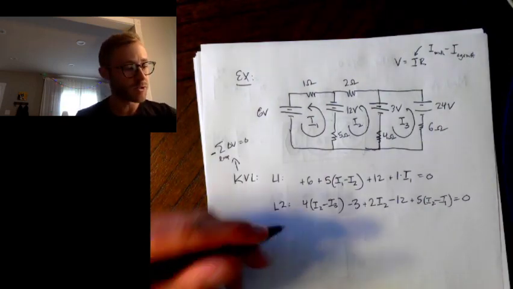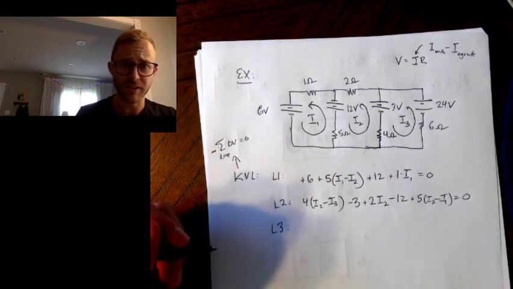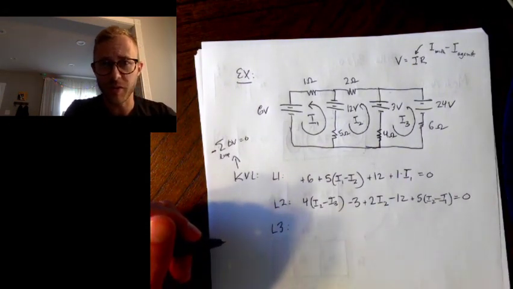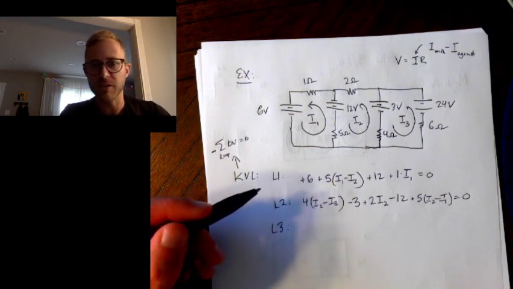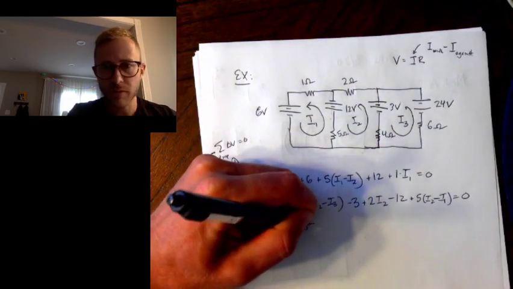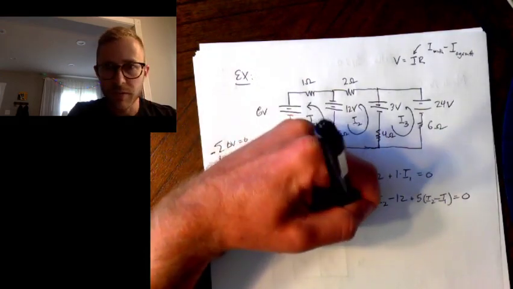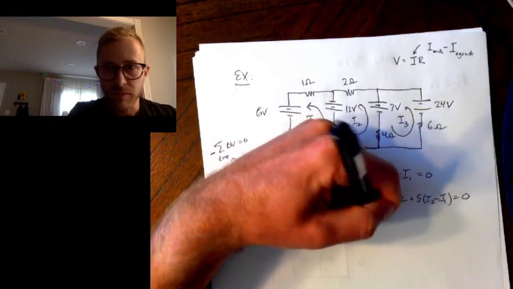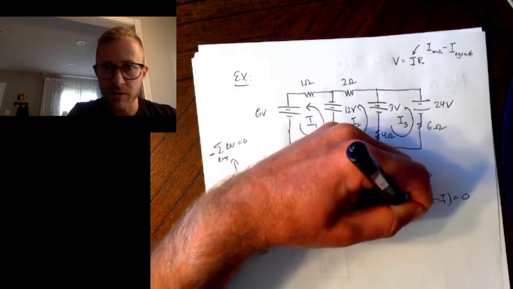So if you rewatch this, I encourage you to pause the video and see if you can get the same as me for loop 3. I'm going to do loop 3 really quickly, just in the interest of time. So we're going to have 3 minus 4 plus 3 plus 4 times I3 minus I2.